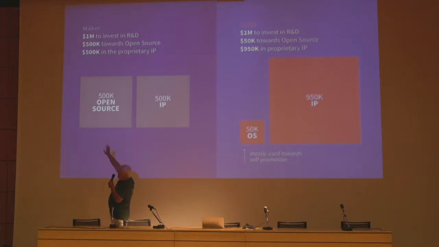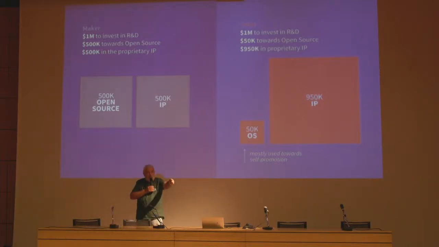Let's say that Allotropia develops a feature and puts it into the basket of open source, the LibreOffice basket of open source. This feature will improve Collabora's product and vice versa.